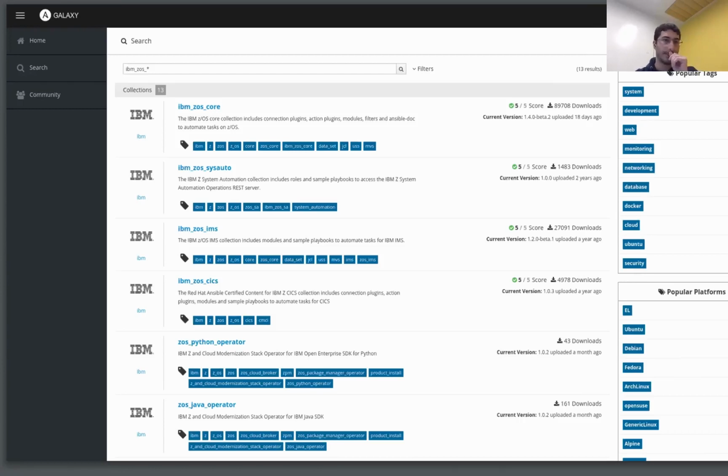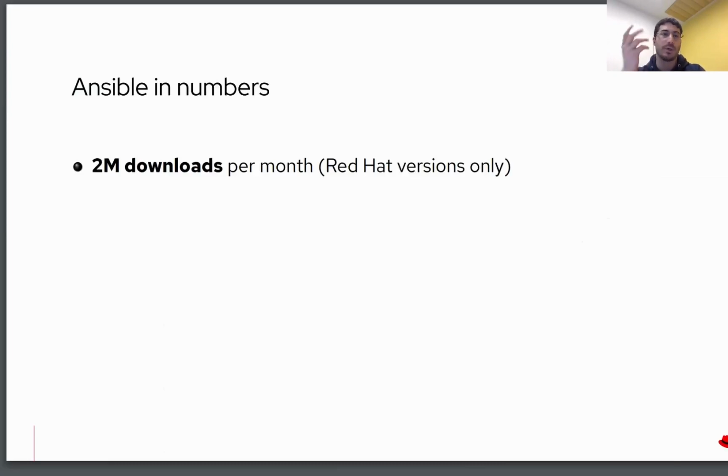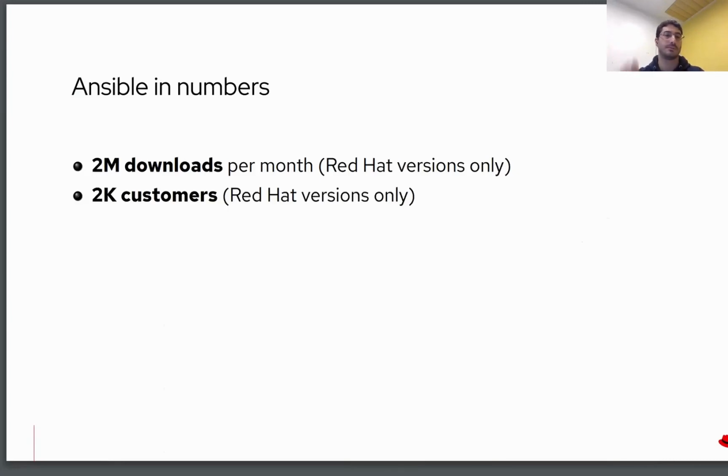So just to give you a couple of examples of numbers around Ansible. We are talking about 2 million downloads per month with 2,000 customers for the Red Hat version, and 4 million systems managed.